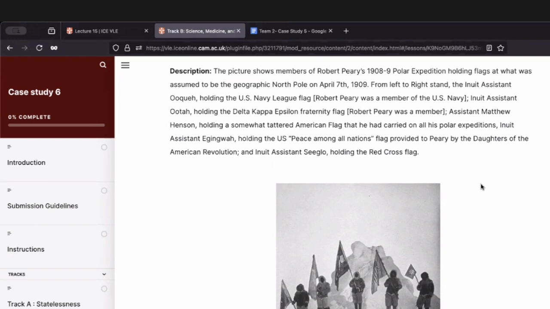So this idea of rooting the symbol of your national power on land, to be able to assert that and symbolically show that, seems really important. And it's really not a new concept. And so you have them taking these flags to the pole as well, to plant those flags. So you could link that up to national identity in a big way. I think this is a good source for that.